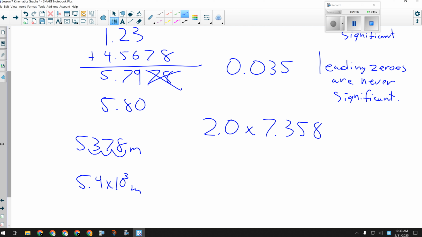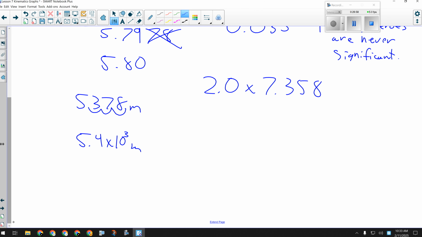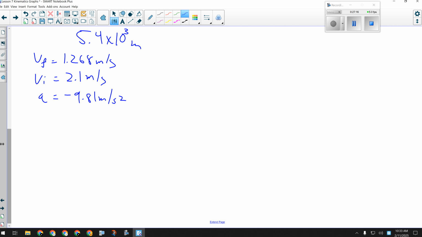If your givens are, let's say, and you're being asked to calculate time, your final answer can have how many significant digits? 2. That's why we give you a mark for writing down your givens. It will really help you decide what your answer should have.